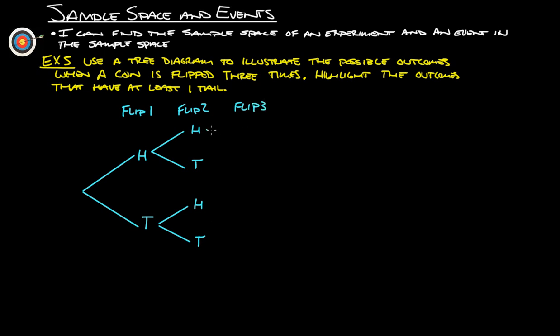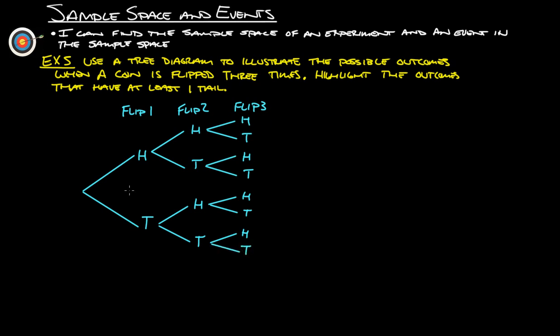So if we flipped heads and then heads, on the third one we could get heads, or we could get tails. If we did heads, tails, we can still get heads or tails on flip 3. Same thing here, we can get heads or tails, and then we can get heads or tails here as well.